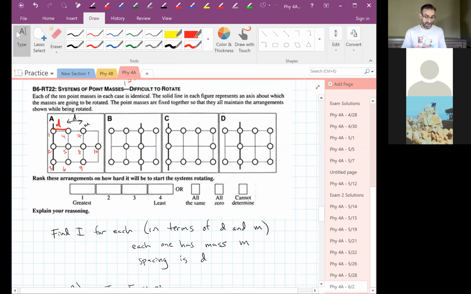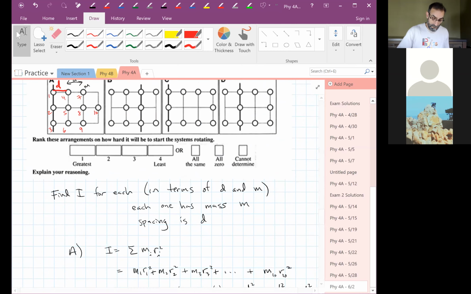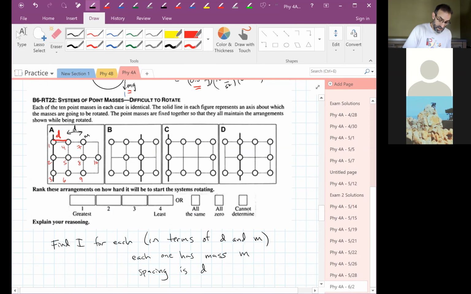Now let's do 7. This is going to be 2D, right? 7 is 2D away from the axis of rotation.